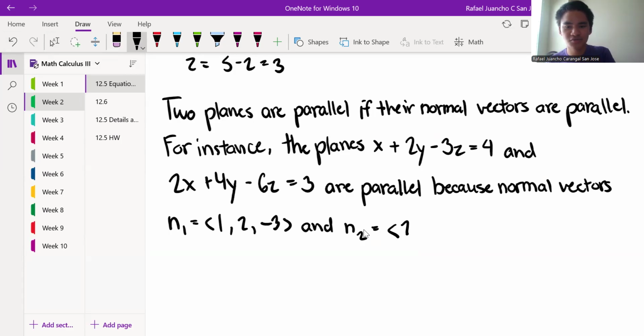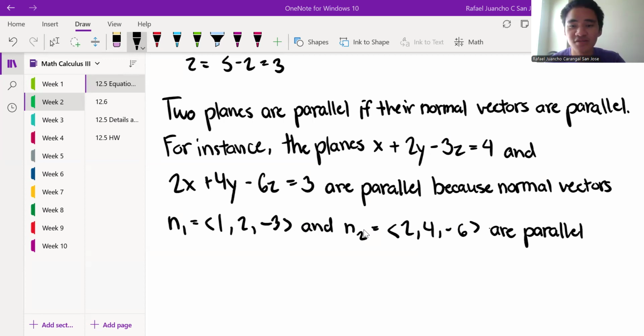This one has 2, 4, -6. And they are parallel because if you multiply n1 by 2, then you'll get exactly n2. 2n1 is exactly n2, right? So I'm just going to say their normal vectors are parallel. As simple as that.